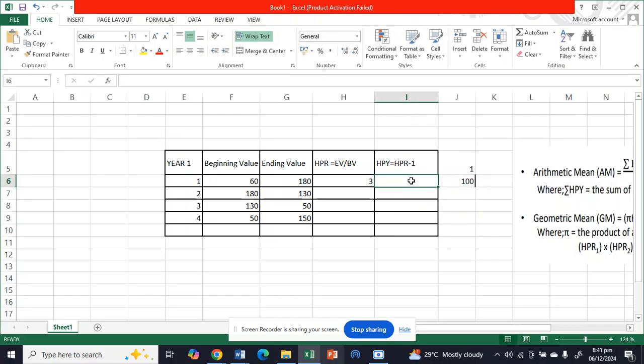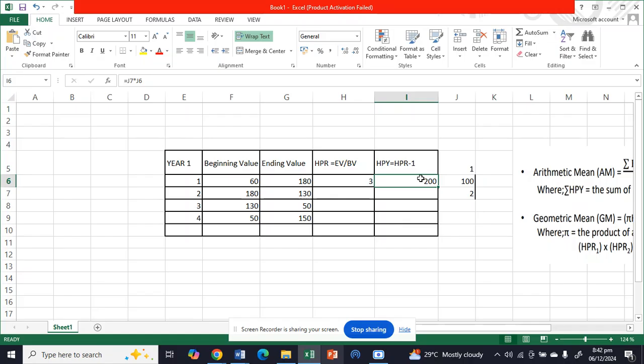So our holding period yield is our holding period return, which is 3, minus 1. That gives us 2. Then we multiply this by 100 to get it in percentage format. So 2 times 100. This tells us our investment has grown by 200%.